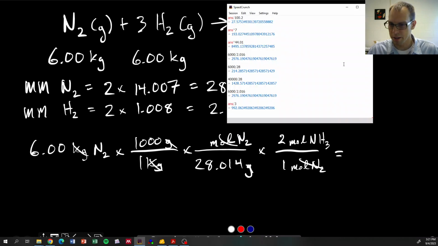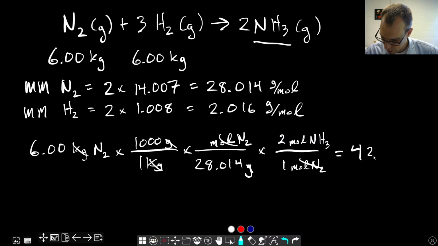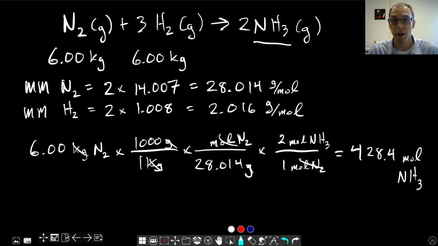Let's plug that into our calculator: 6 times 1,000 divided by 28.014 times 2 gives us 428.4 moles of ammonia. We could have gone one step further and calculated the grams of ammonia. Either way, you can compare the moles or you can compare the grams. Either one will tell you which one is the limiting reactant.